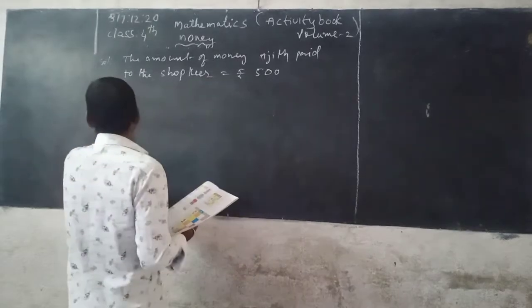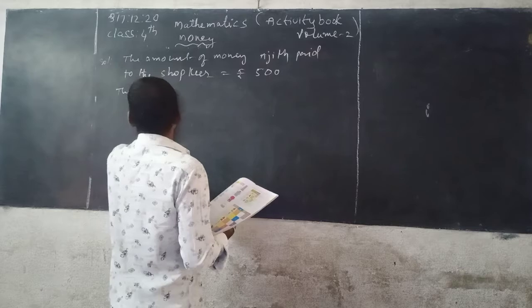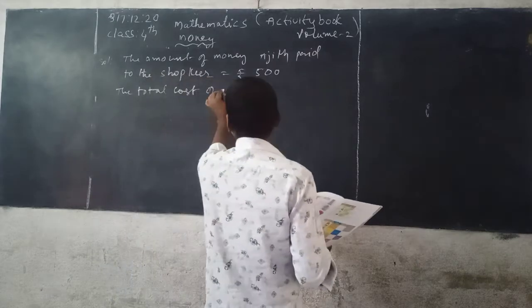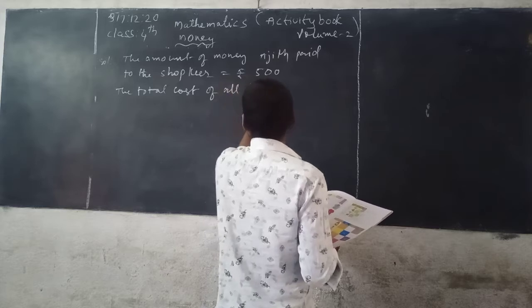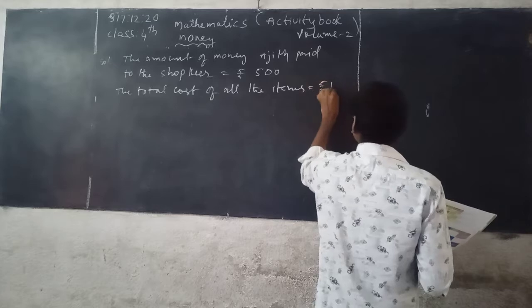Now next, the total cost of all the items is equal to 189 rupees.